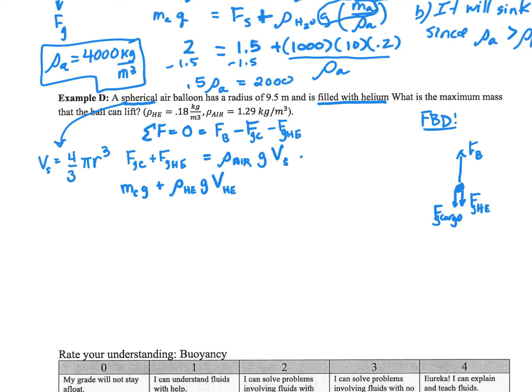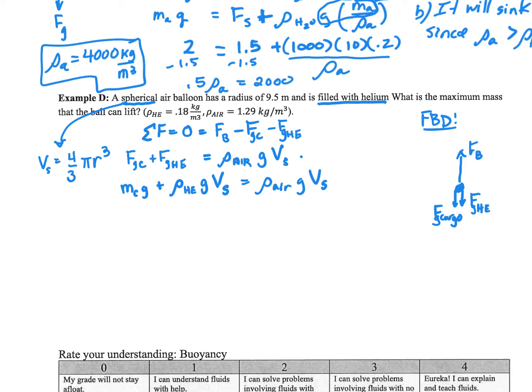Guess what? We do know the volume of the helium because the helium is contained in what? The sphere. Yes. So instead of calling it the volume of helium, we can just call it the volume of the sphere, because we know it's the same. So density of air, gravity, volume of the sphere.